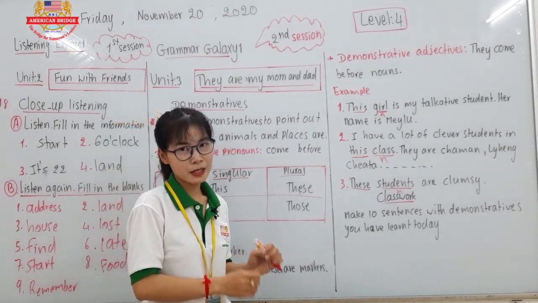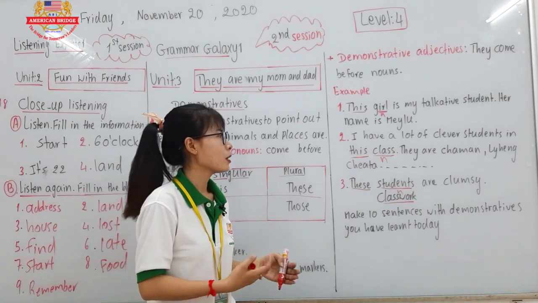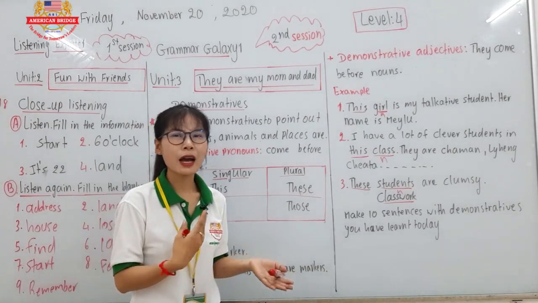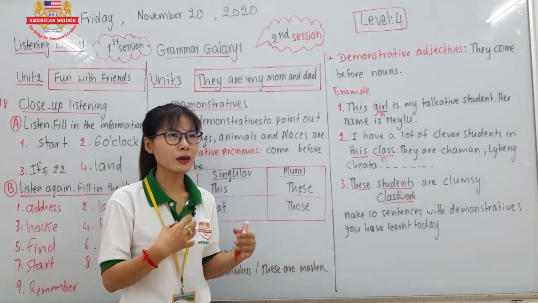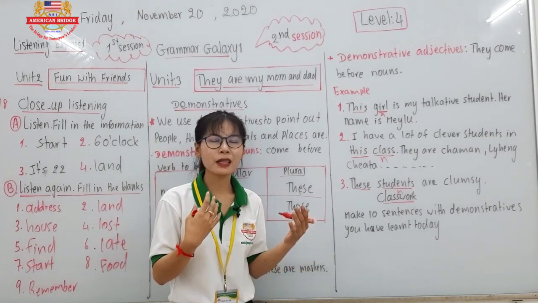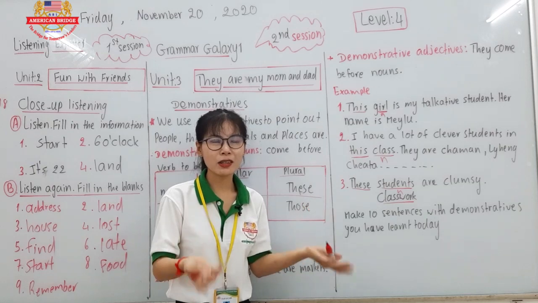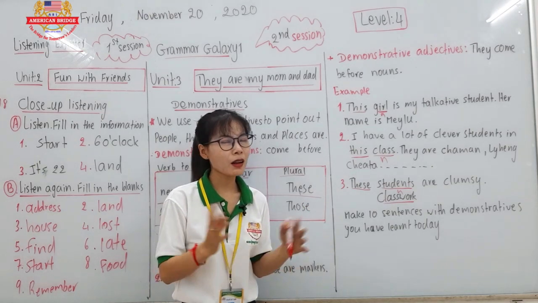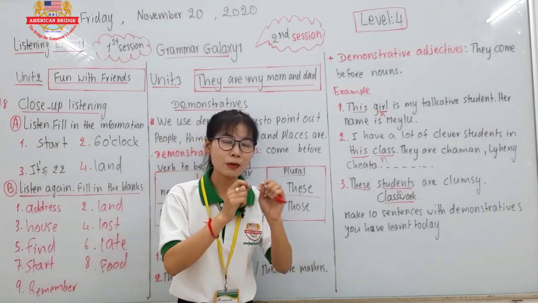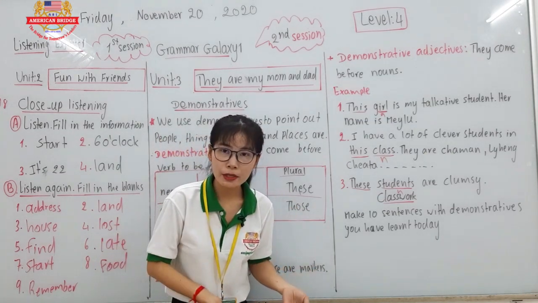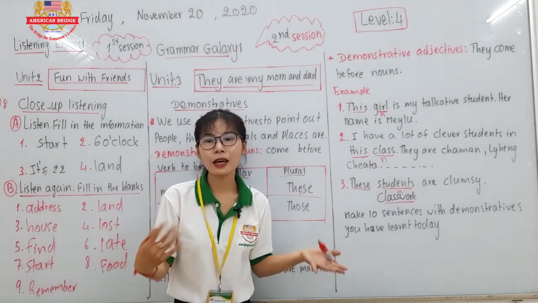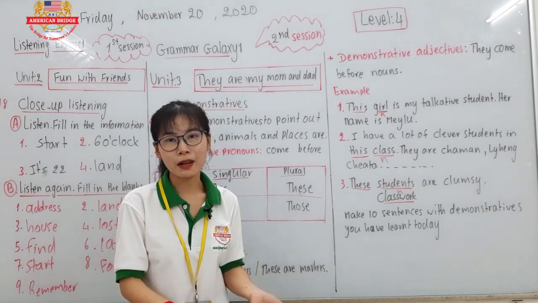These students are clumsy. As I have mentioned before, the students in my class have different behavior. Sometimes they are so clumsy. They sometimes ask a lot of questions. They sometimes like to do funny and crazy actions, and lots of things that they like to do together to enjoy the class, because they would like to learn with fun activities in the class, full of jokes, so that they can remember the lesson well.